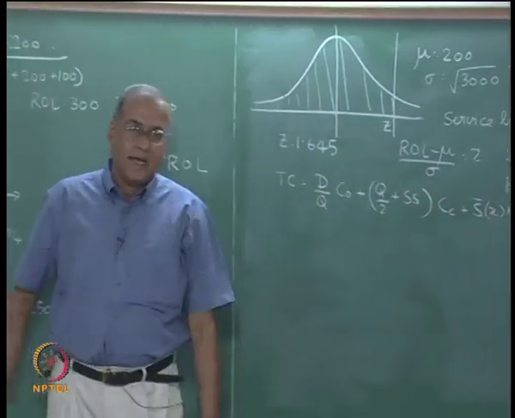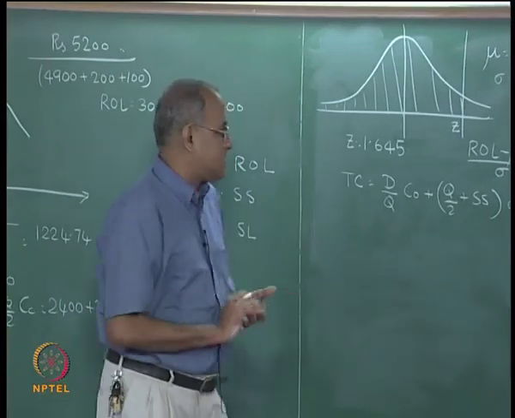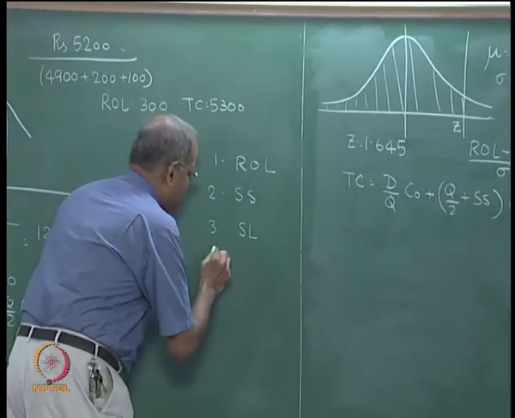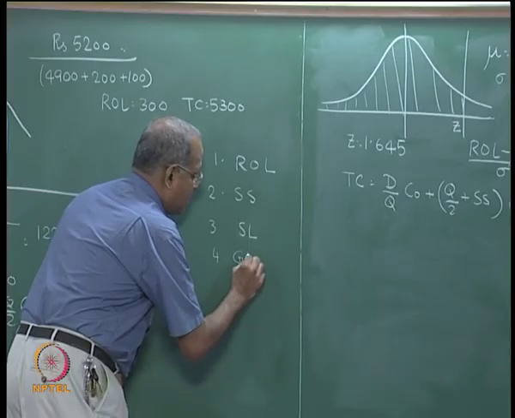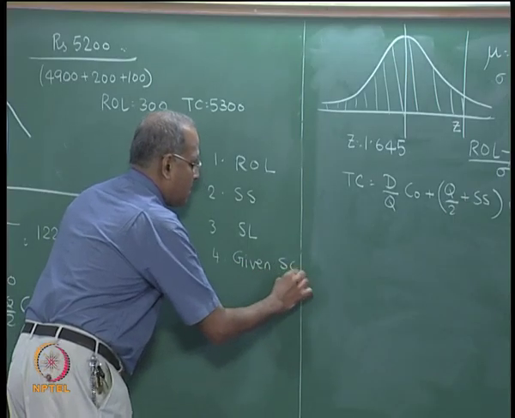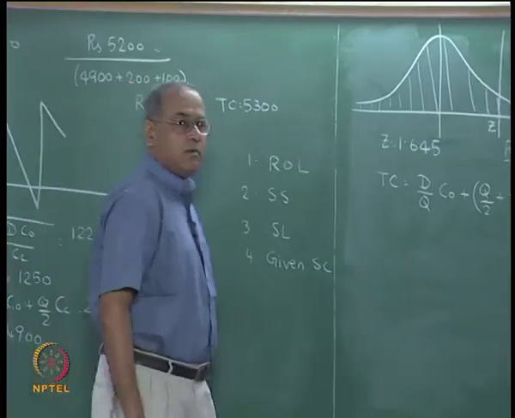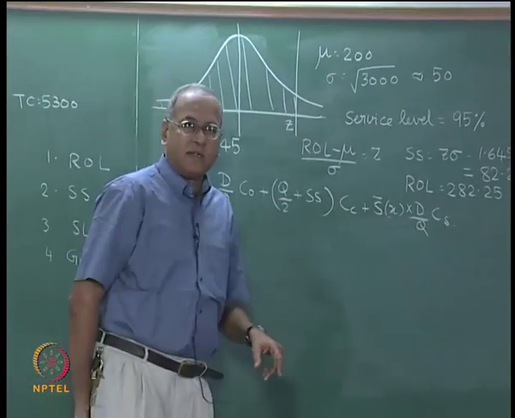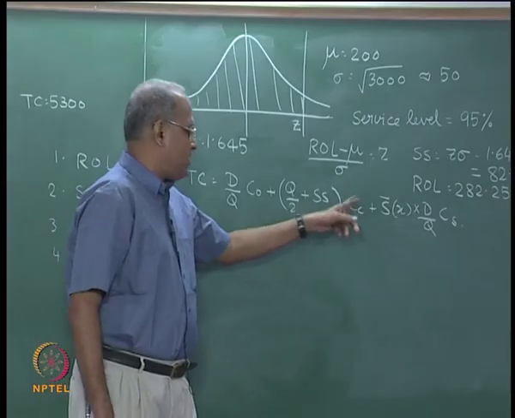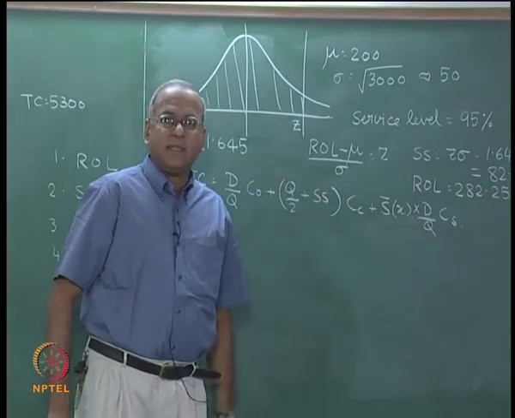Another way of looking at the whole thing is, given a shortage cost or back order cost as the case may be, what is the correct value of the reorder level and the service level?